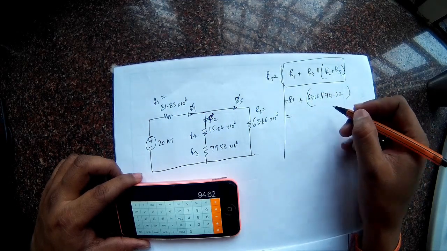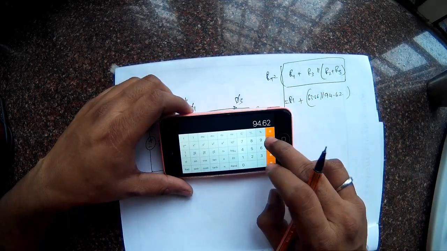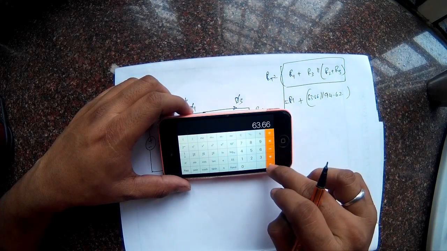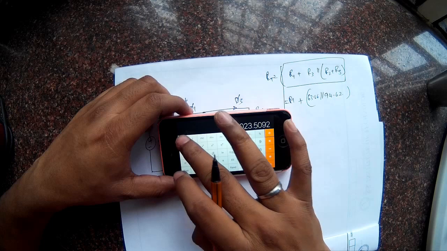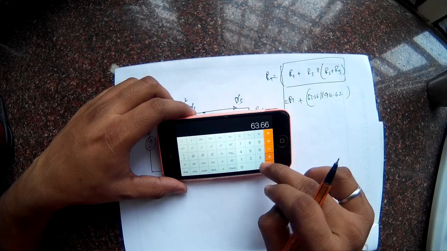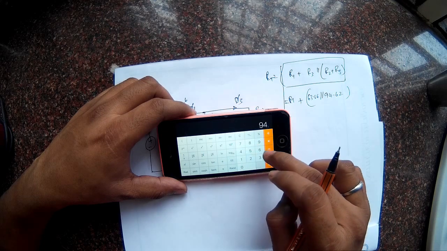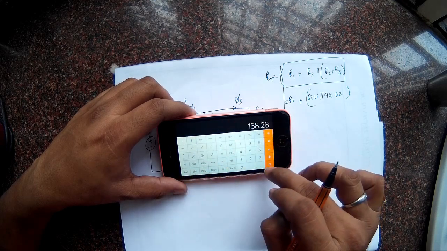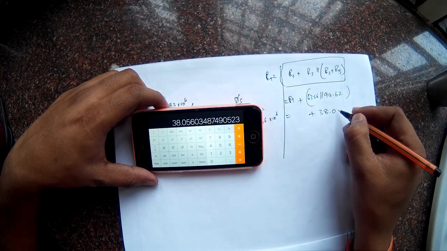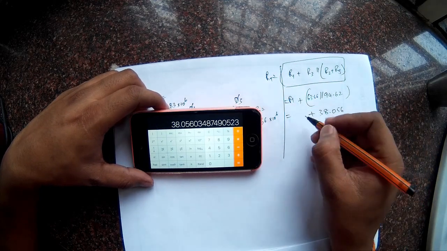So what is the parallel combination? 94.62 into 63.66 divided by 63.66 plus 94.62. So just solving a parallel circuit. So I am getting 38.056 plus what is R1?